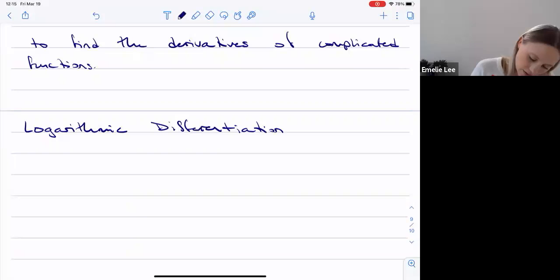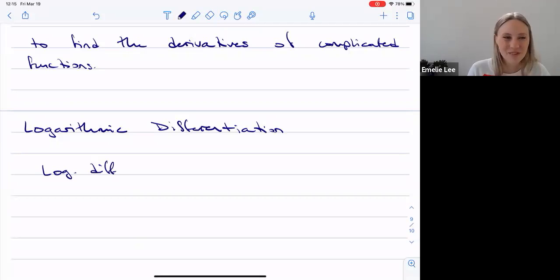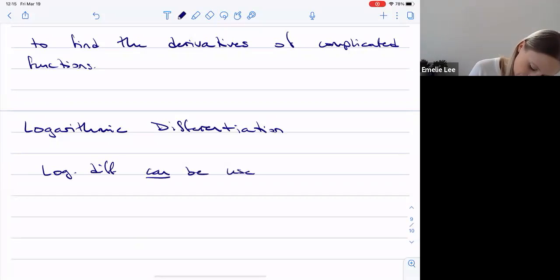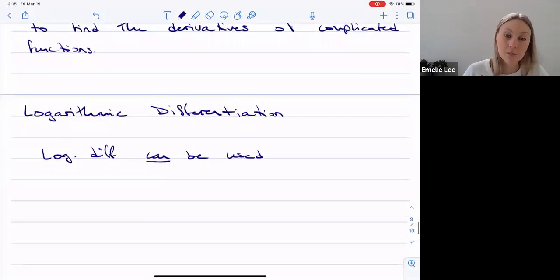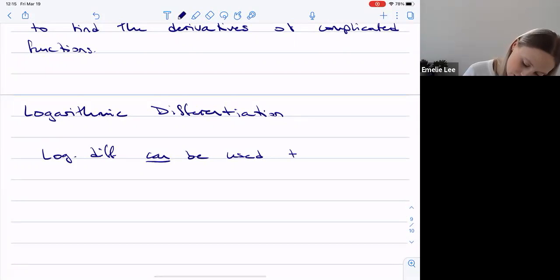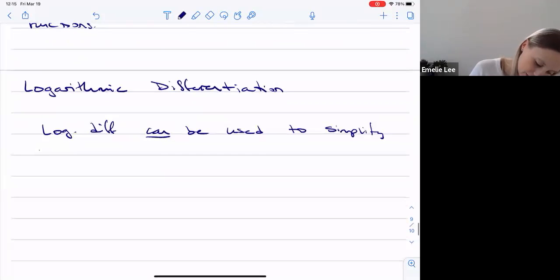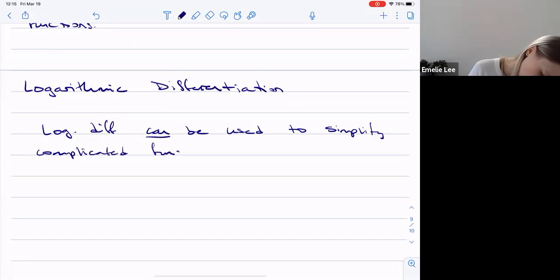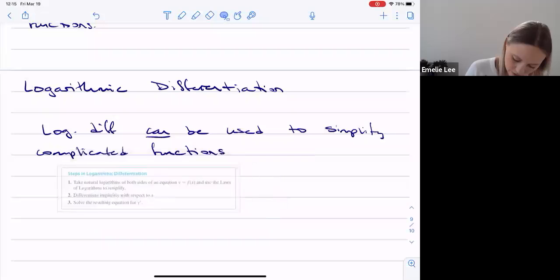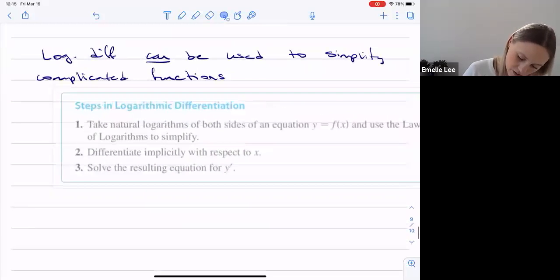So logarithmic differentiation, or let's just call it log diff, can be used to simplify complicated functions, just to kind of introduce it. And I've got the steps there in the handout.